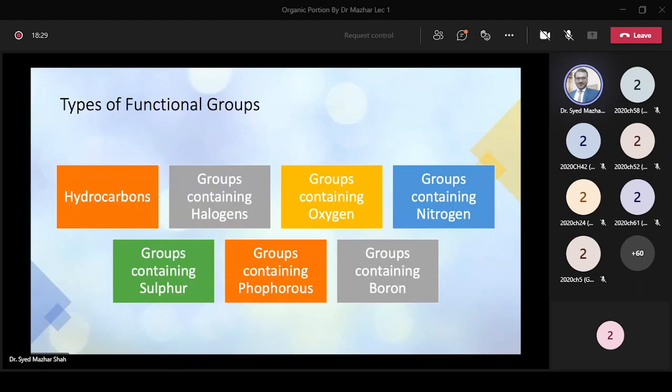Then phosphorus, PO4, and boron. So these are different types where we can see specific groups which define the overall chemical properties or general chemical reactions of a molecule.